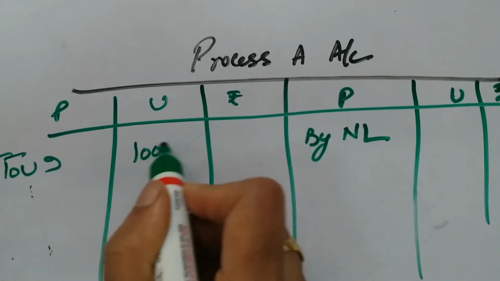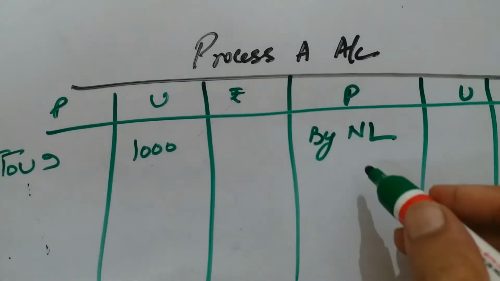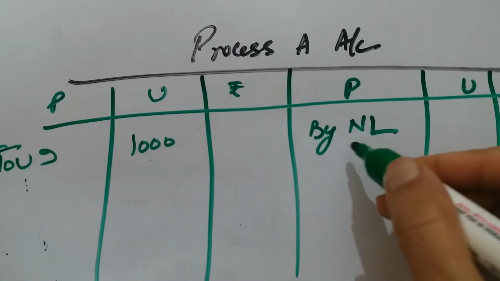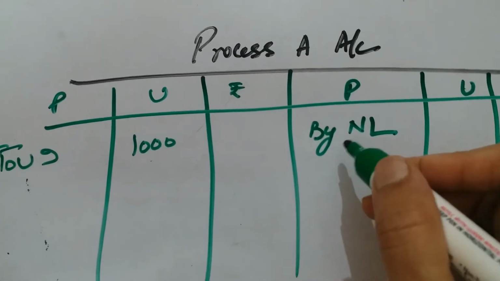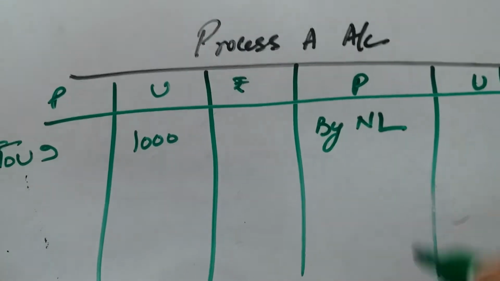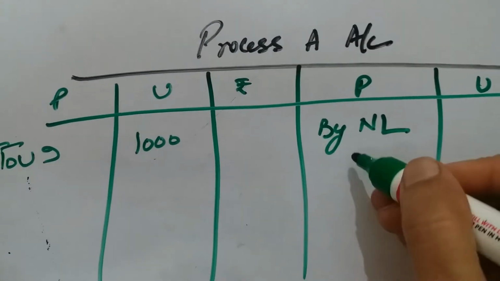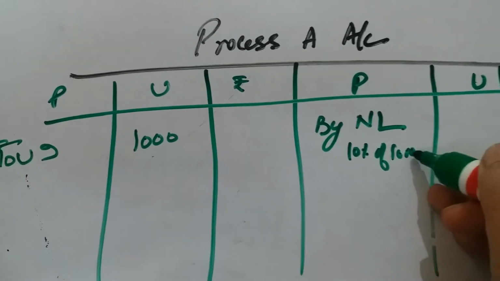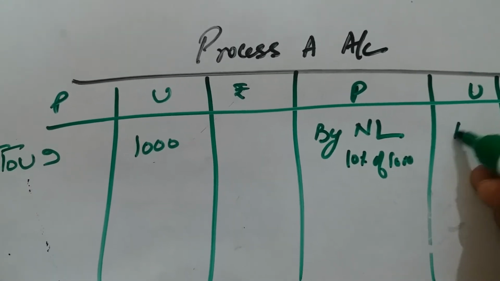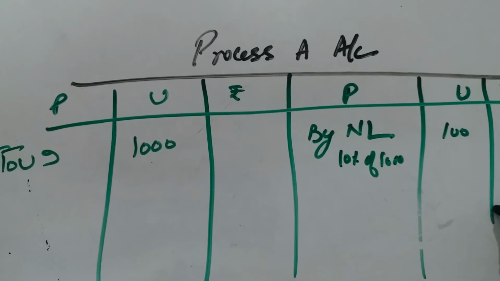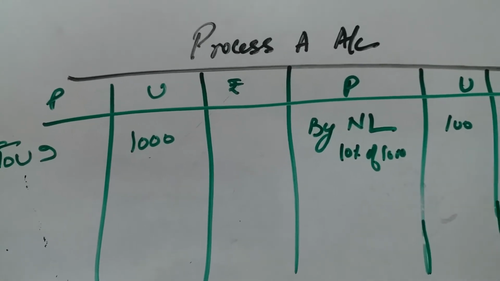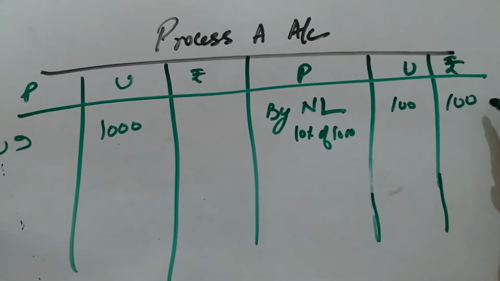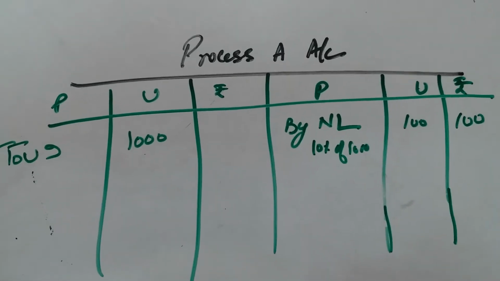When the units introduced were 1000, and let's say normal loss is given as 10% of our units introduced, so 10% of 1000 is 100 units, and let's say it has a realizable value of rupee 1 only. It can be sold as scrap.